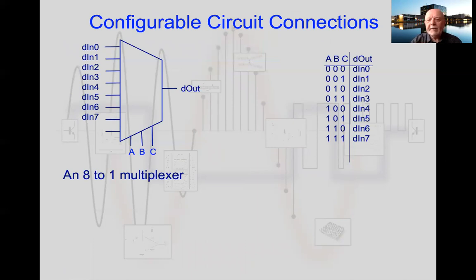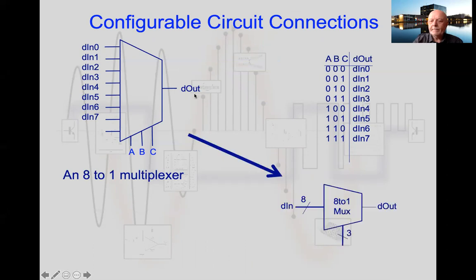Well, again, we're used to this with multiplexers. We're very aware that given configuration bits, in this case 3 bits, we can connect any of the inputs to the output. In circuit diagram terms, it looks something like that, where we've got control bits, a number of inputs, and 1 output.